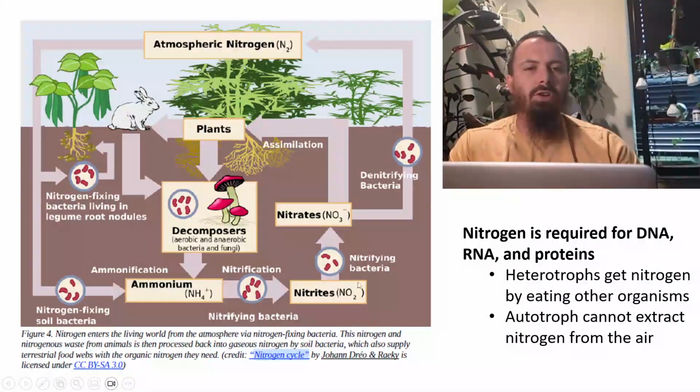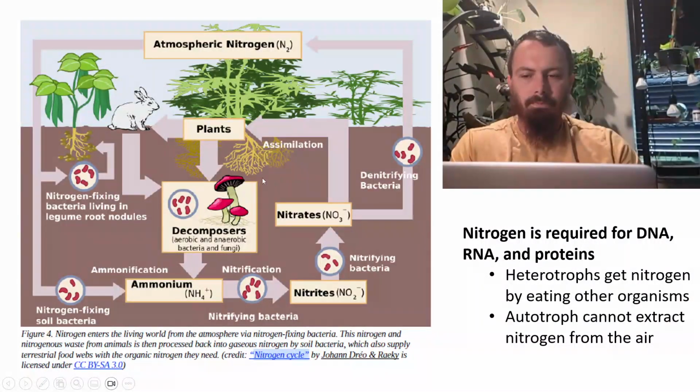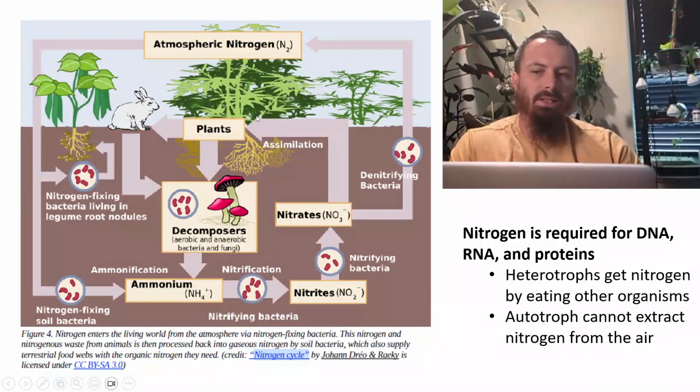Nitrite will then also interact with bacteria that turns it into nitrates, NO3 minus, which can then be used by plants. Some ammonium can be used by plants as well, but nitrates are one of the main pieces of nitrogen for plants. So you can see from N2, ammonium, nitrite to nitrate before it can be used by plants is a pretty long process.